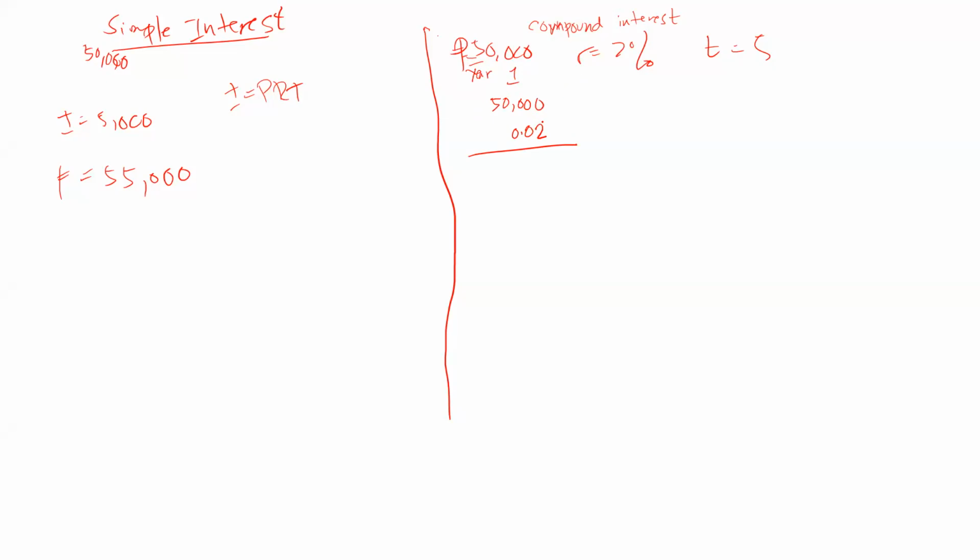So, ang 50,000 times 0.02, that is 1,000. That is your first year. So, halimbawa, nagutang kang 50,000, gusto mo na siyang bayadan after 1 year, ang babayadan mo lang 51,000.